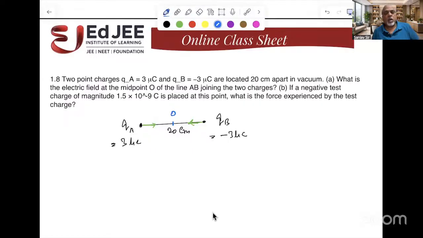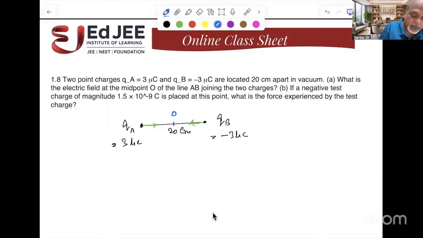Suppose we find out EO. This is the electric field at O due to charge QA. And what is the electric field at O due to QB?